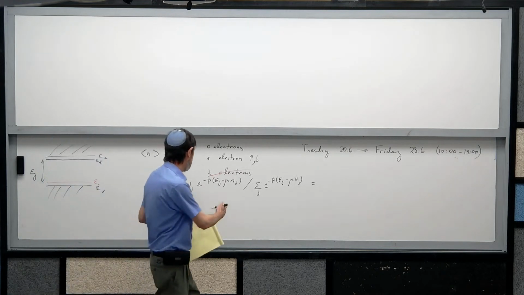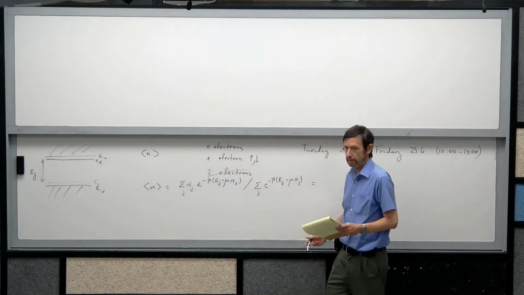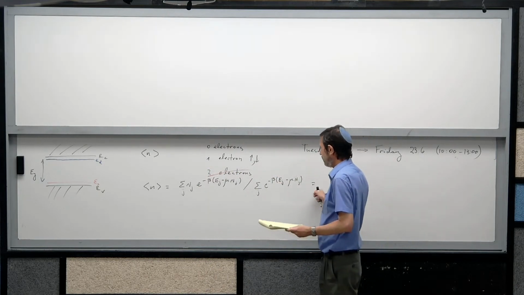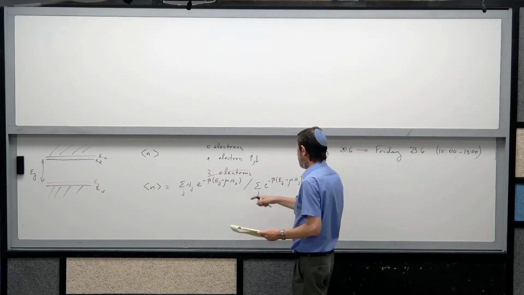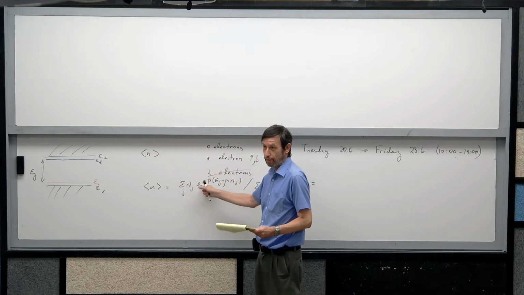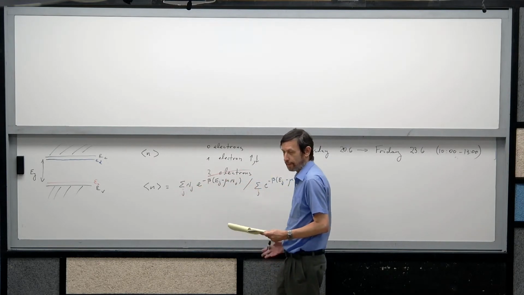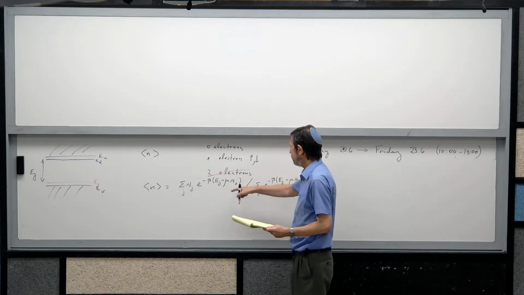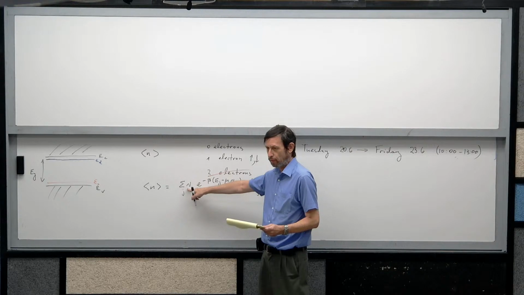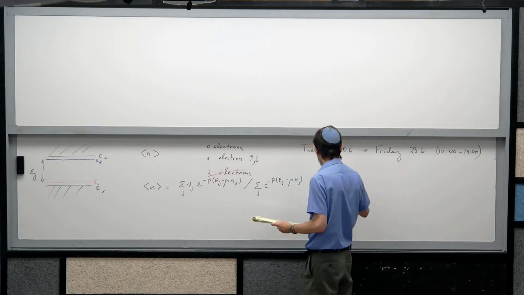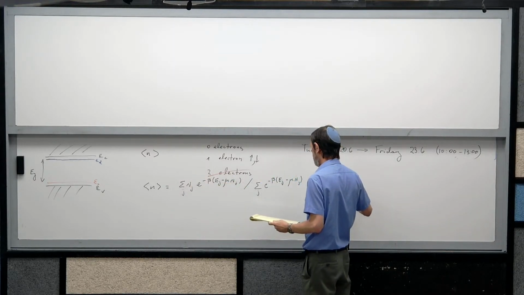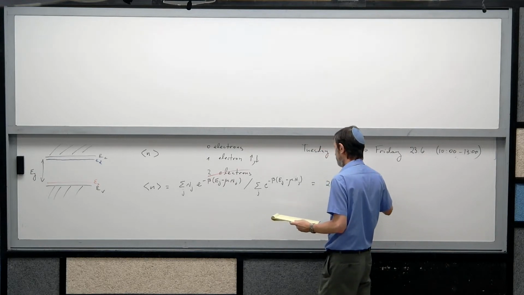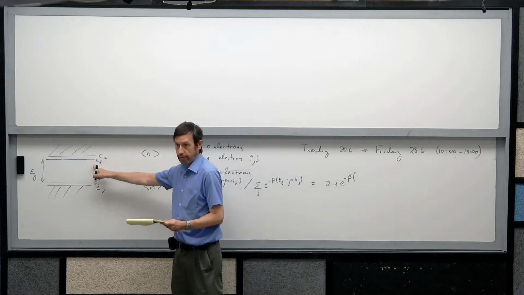Okay, so I'm just plugging in the different cases. If I have n_j equal 0, in the top part I have nothing. Then I have two states that each of them are filled by 1, so I'm writing 2 times 1 times e to the minus beta. The energy here is E_D.